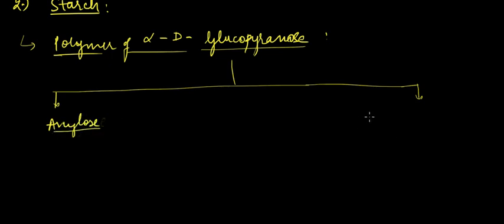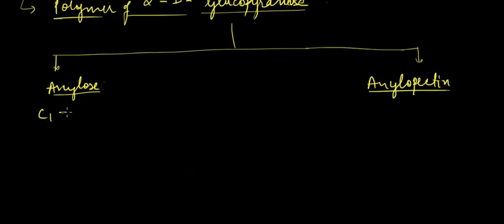Amylose has C1-C4 linkages and contributes 20% of the structure of starch, and amylopectin has C1-C4 and C1-C6 linkages, contributing 80%.